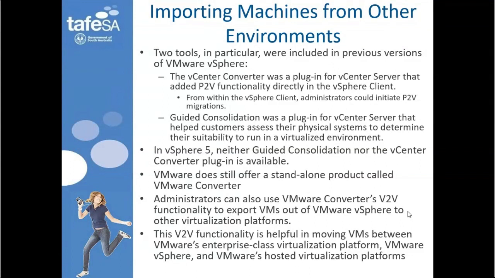Well, we can still convert these VMware vSphere virtual machines into Hyper-V virtual machines. This V2V functionality is helpful in moving VMs between VMware's enterprise class virtualization platform, vSphere, and VMware's hosted virtualization. V2V can also convert VMware Workstation to VMware vSphere or vice versa.